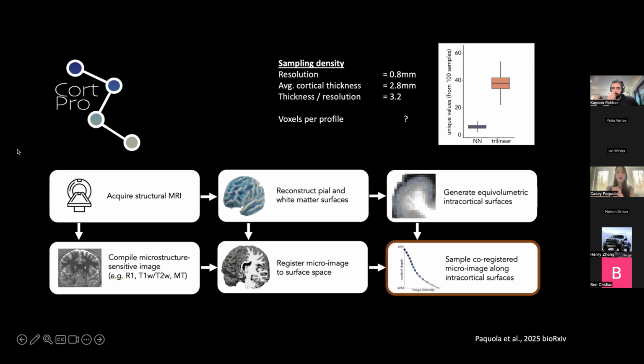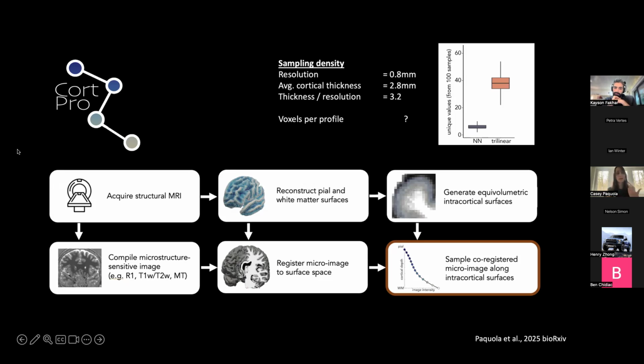We typically apply a trilinear interpolation though, so that means that you take a weighted average of the whole neighborhood of voxels. So it's more like taking a column rather than a single line. And there we see a huge increase in the number of unique values that you get as you move from pial to white matter boundary, up to like 40 unique values within that profile.